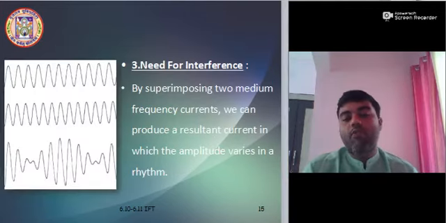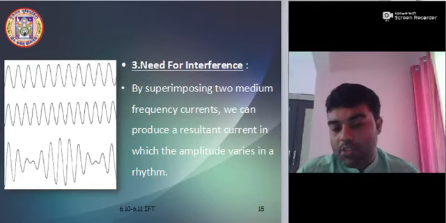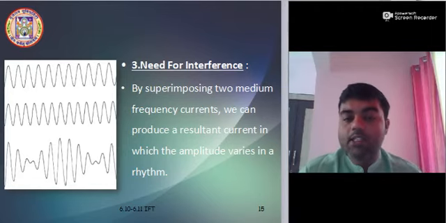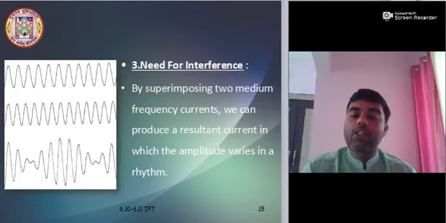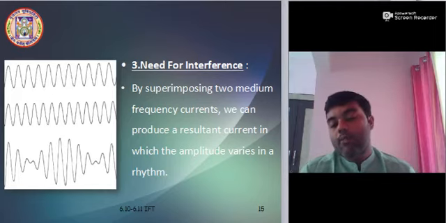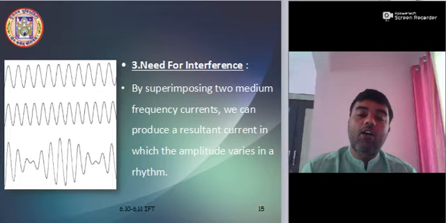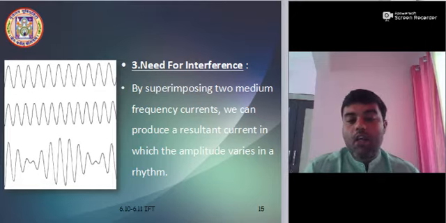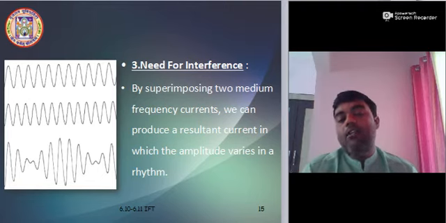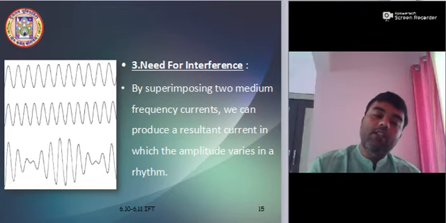See, need for interference. In the diagram, you can easily understand. By superimposing two medium frequency currents, we can produce a resultant current in which the amplitude varies in a rhythm. See, the first and second are both medium frequency, and the third is the result.